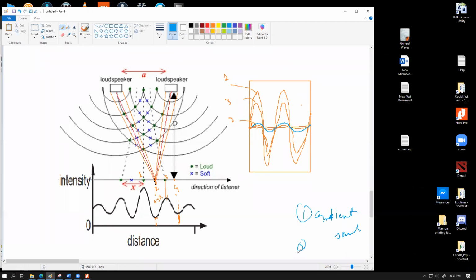The second problem is that the sounds would eventually reach up over here, and the cancellation effect would be far less compared to what happened over here. Here the path difference was assumed to be 0.5 lambda. Here the path difference is supposed to be 1.5 lambda.